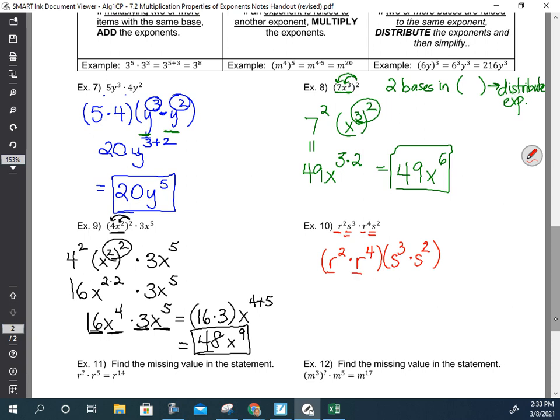So we have 2 of the same base. What do we do with the exponents? We add them up. So 2 plus 4 is 6.